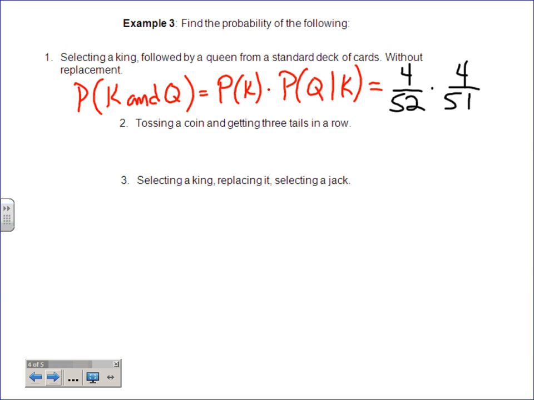Of course, you use your calculators, or you just simplify on your own, and you get 4 out of 663, which is approximately 0.006.